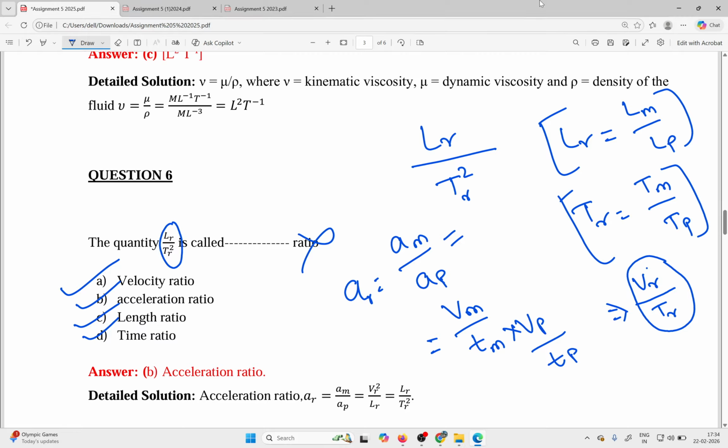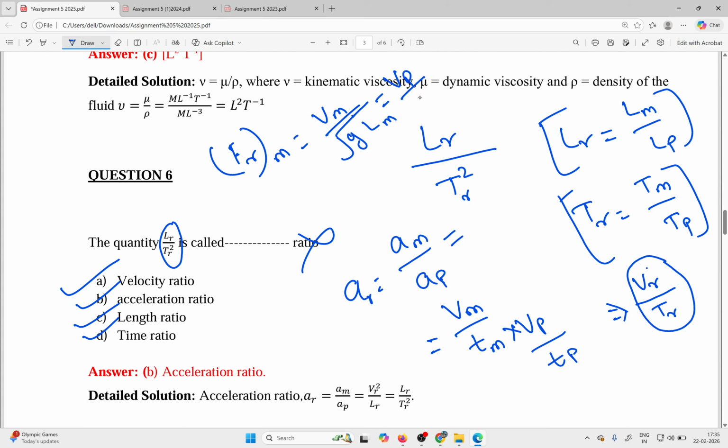I think let me just go through the Froude number similarity. I think it is related from here. Vm divided by root g times Lm, or let us write here the one length parameter Lm, and this is for the prototype.